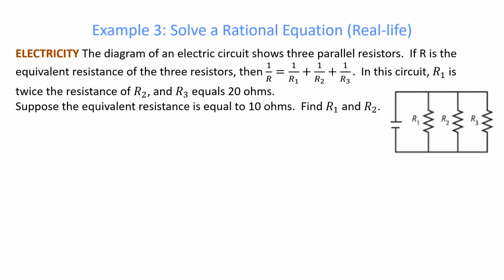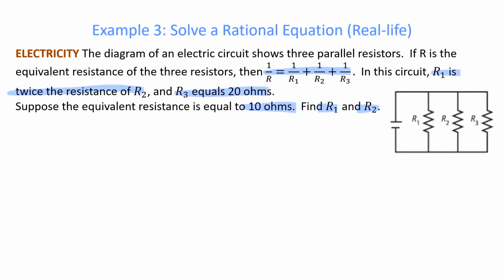Find R1 and R2. So first, I will highlight my key information. So my equation is part of my key information, and it's telling me R1 is twice the resistance of R2, which is very important, and also R3 equals 20 ohms. And then it's saying, suppose the equivalent resistance is equal to 10 ohms, find R1 and R2.